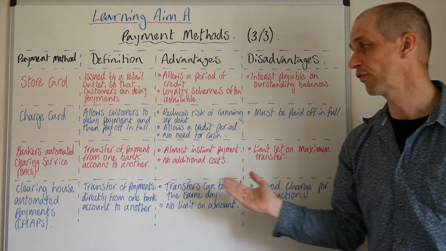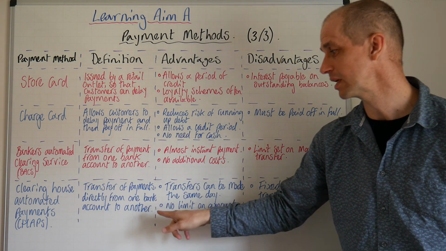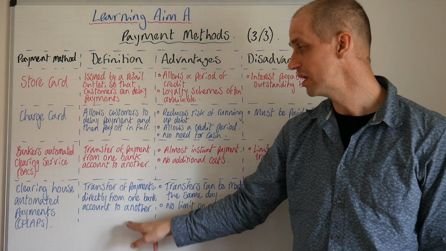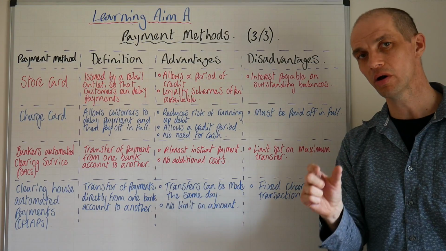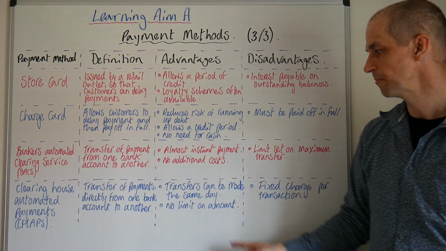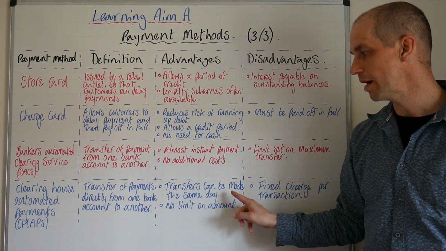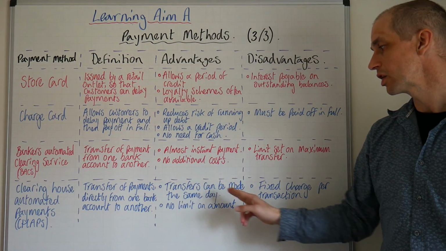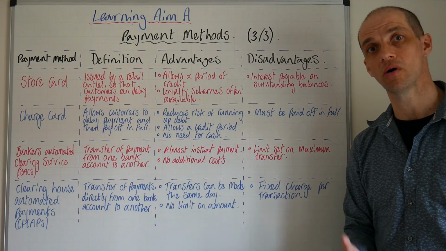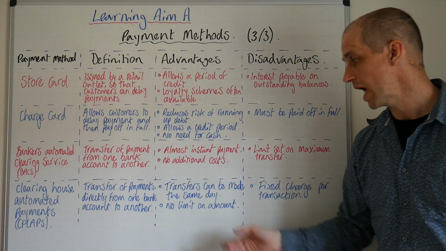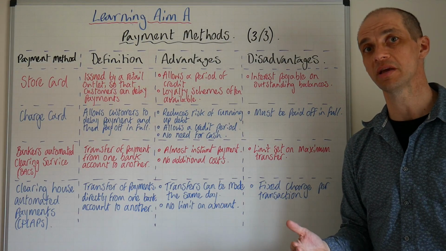And this is a transfer of payments directly from one bank account to another. So we've got exactly the same definition here. However, there are a couple of distinct differences, and that is that transfers firstly can be made the same day, that transfers are instantaneous, and there is no limit on the amount.